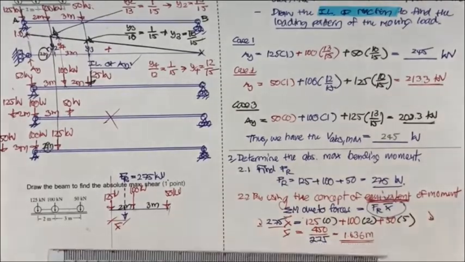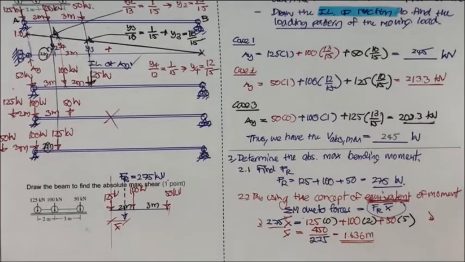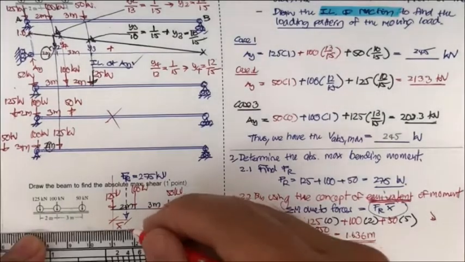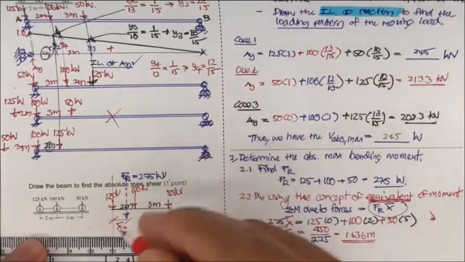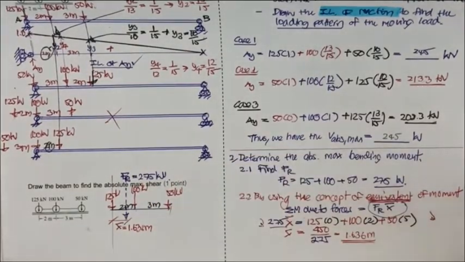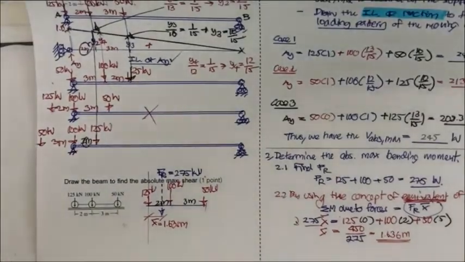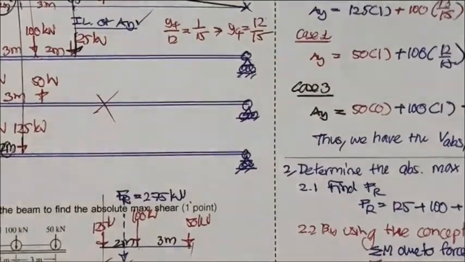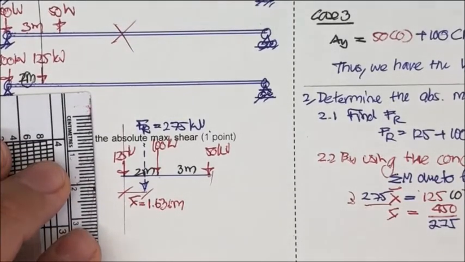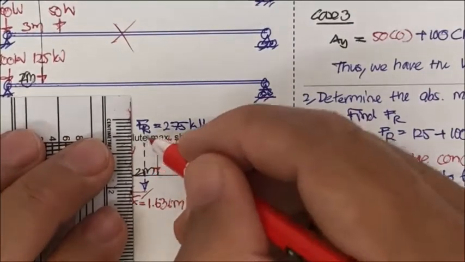That is going to be the X bar. And what we have is this 1.636 meter. Let me focus on this moving. This is going to be, you're going to separate this beam into two parts.